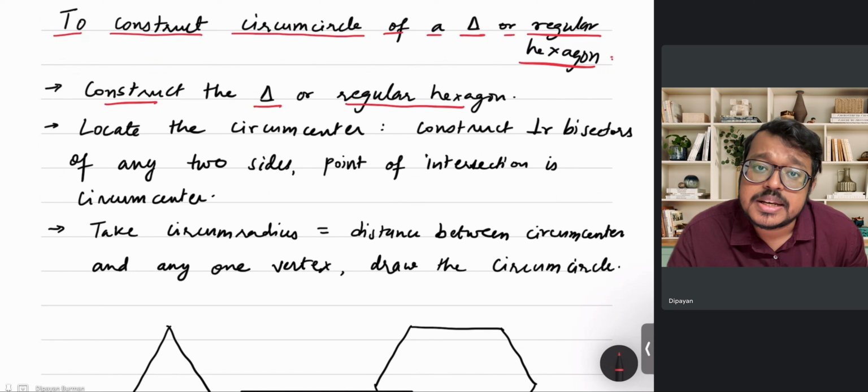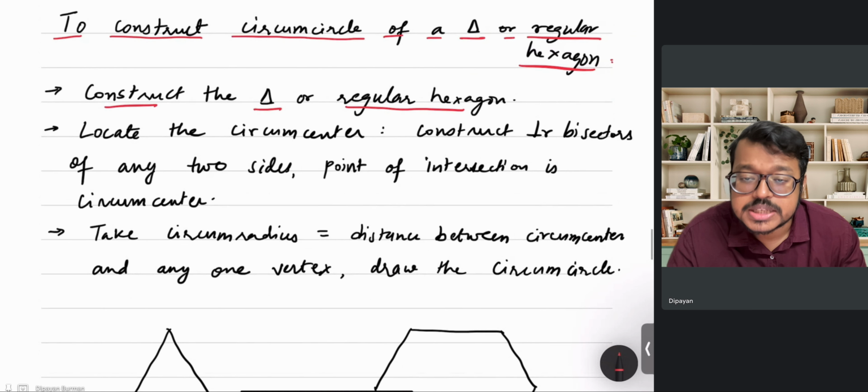Then, to draw any circle, you need to know two things: where the center is and what the radius is. With a center and a radius, you can always draw a circle.